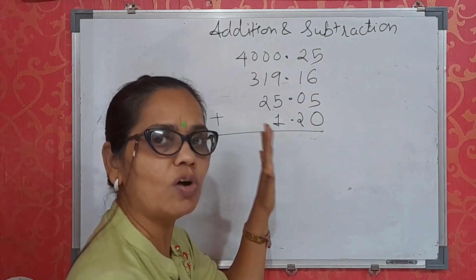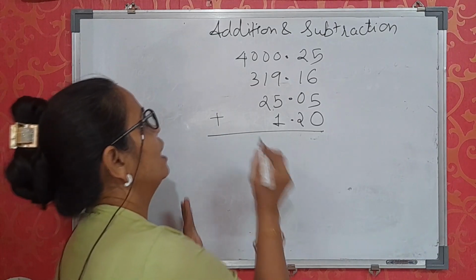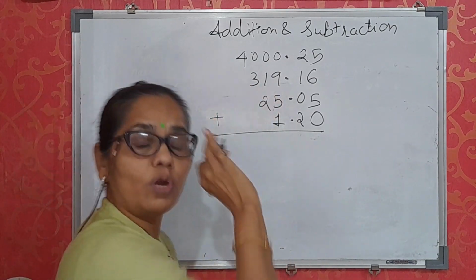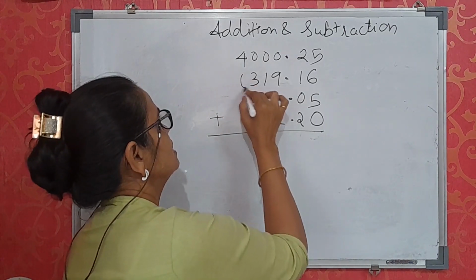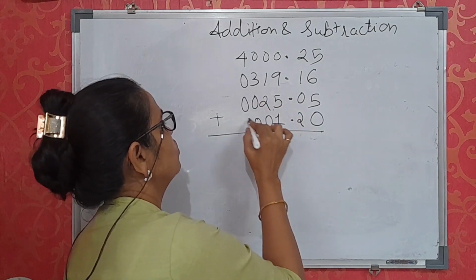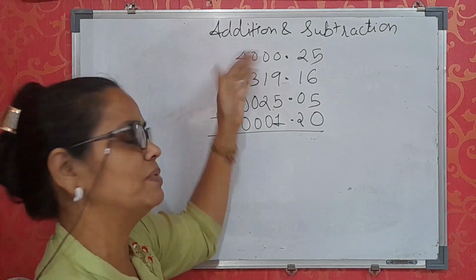So there will be no confusion in solving the sum. Here, for your reference, I am putting 0s. No need to put them, just for your understanding, so that you will not make a mistake in the carry forward numbers.